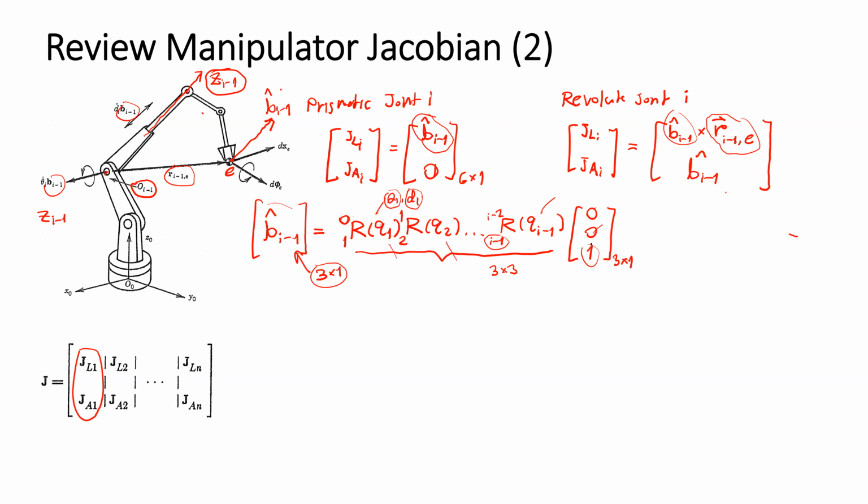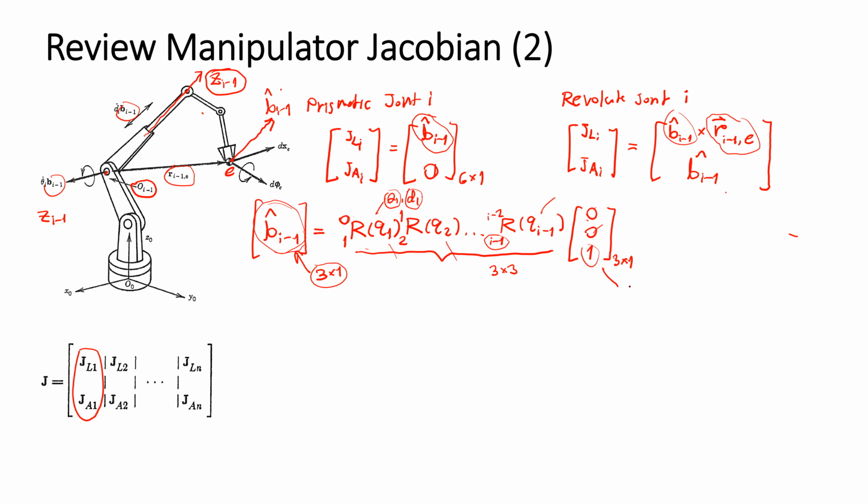So here is how we can obtain the numerical value of the unit vector indicating the z direction of frame i-1. We have the product of the rotational matrices from the first to frame i-1, and then we multiply by the 0, 0, 1 vector.